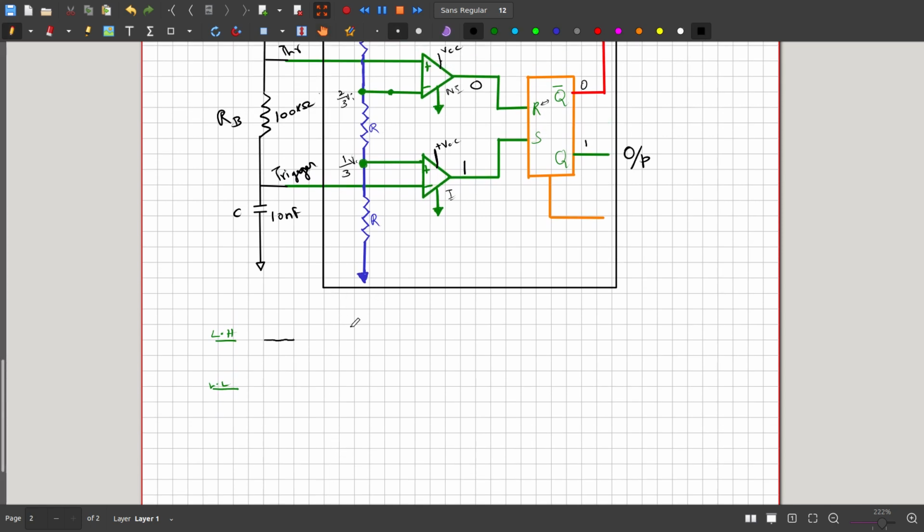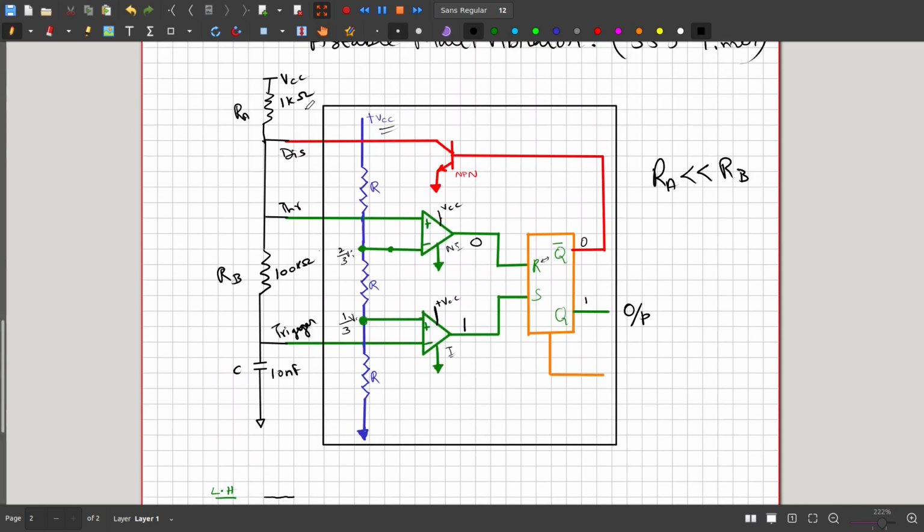When we switch on the circuit, when we connect VCC to the input voltage, this capacitor starts to charge through the RC network, through R, RA and RB.